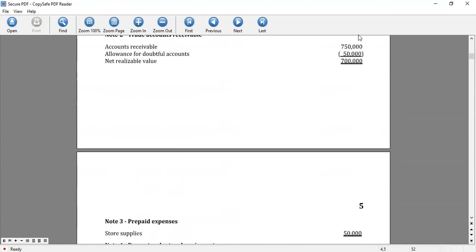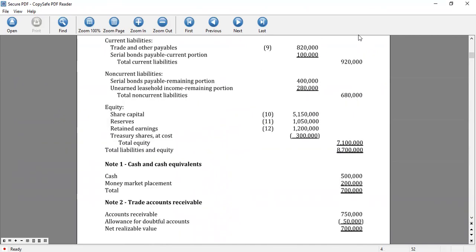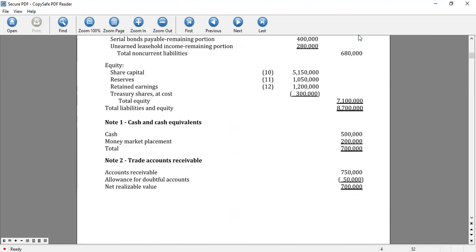So the total liabilities, here we have the total of current 920,000 and the non-current portion of 680,000. Next, for the equity, we have the equity of share capital equal to note number 10.